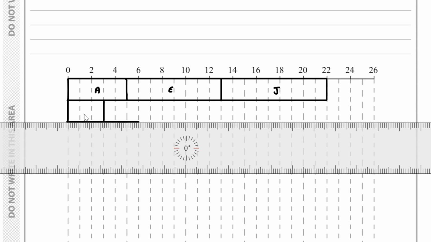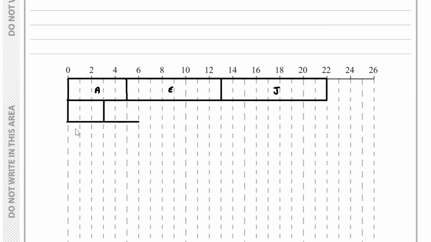So here we've got B, and therefore this remaining bit will be float. So here is activity B.